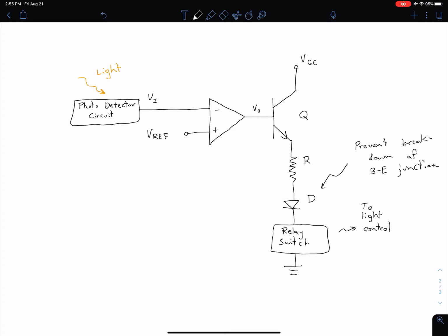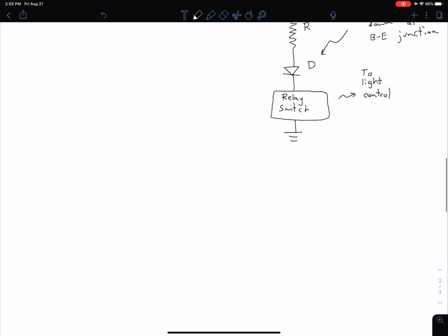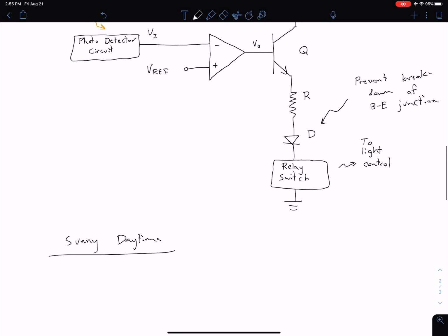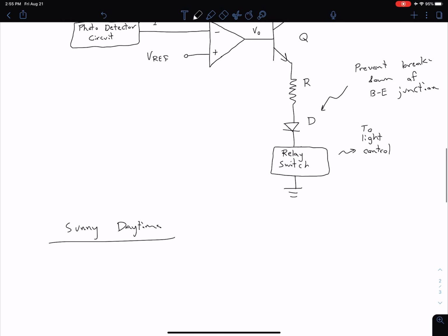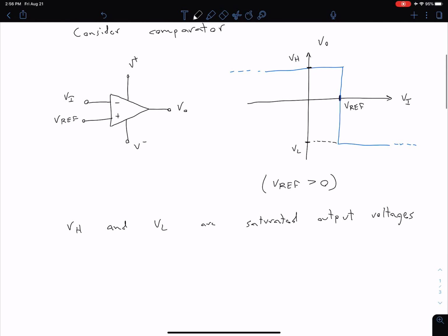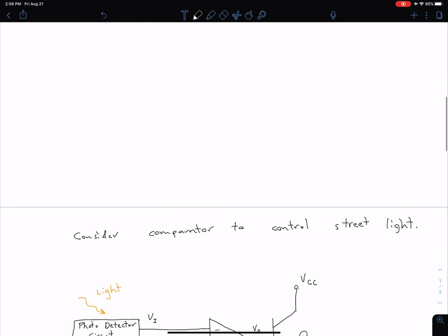Okay, so considering the circuit, let's consider our two extreme cases. Let's say we have a really sunny time during the day. So sunny daytime. What that's going to mean is that our photodetector current is going to produce a really large input voltage. So we're going to have VI greater than VREF. And based on what we saw with our simple comparator circuit up here, we know if VI is greater than VREF, we're going to have a low output.